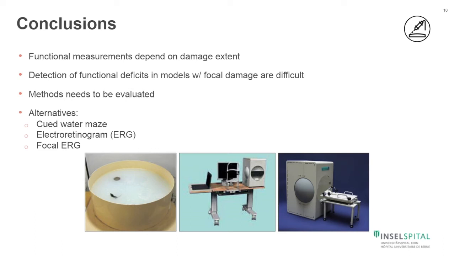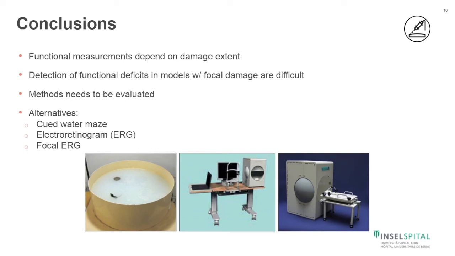And of course, there are alternatives to the Optomotor Reflex measurement. Let's just mention the acute water maze, which is, however, not that sensitive compared to the Optomotor Reflex measurement.